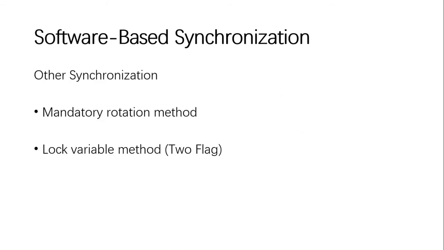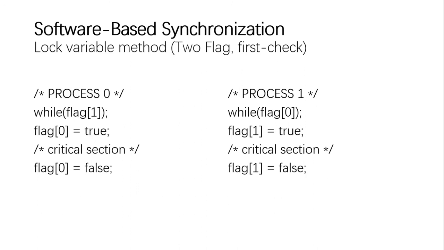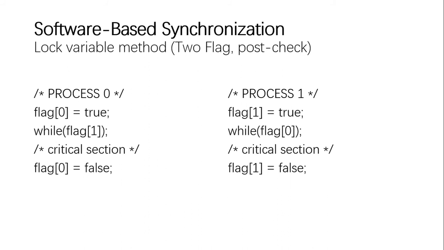Also, we have some other synchronization methods such as the mandatory rotation method or the lock availability methods, which should have two flags. First, the lock availability method has two different types. One is called the first check, and another one is called the post check.